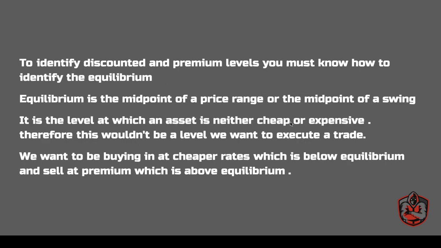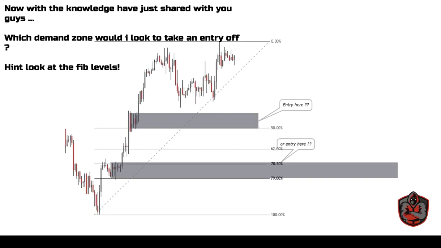It is the level at which an asset is neither cheap or expensive. Therefore, this wouldn't be a level we would want to execute a trade off, right? So this demand zone here is at equilibrium. So we don't want to be taking entry here. We want to look for discounted zones, right?